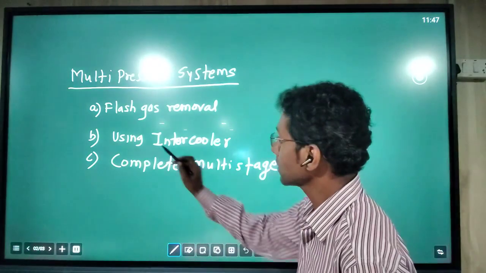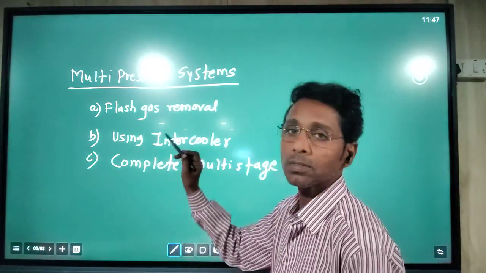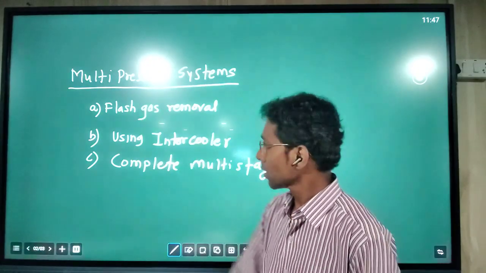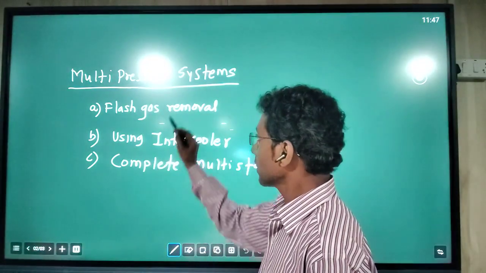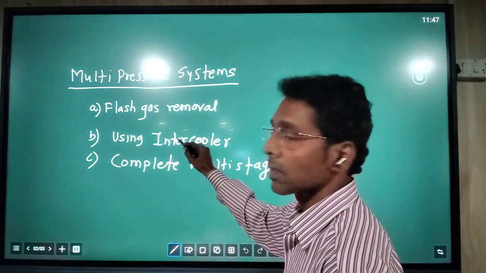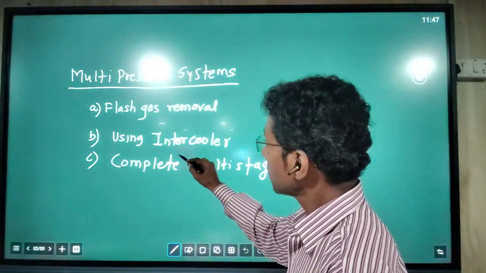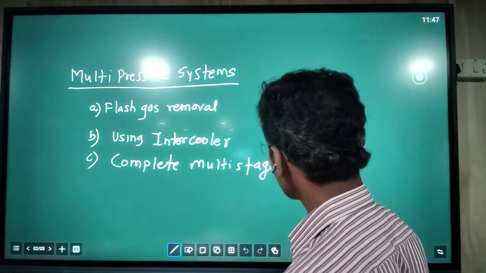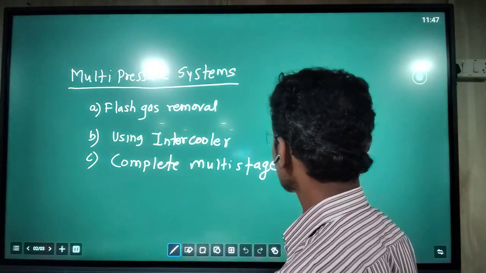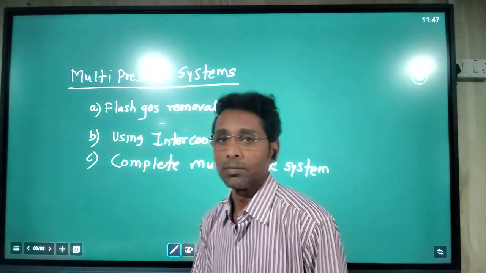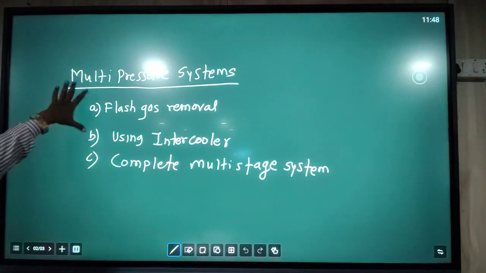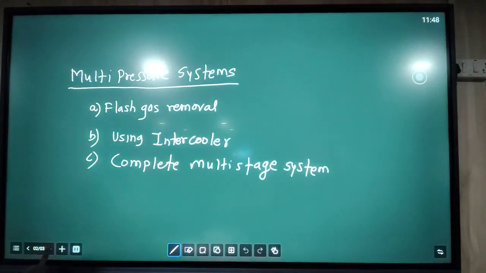So that concept is called intercooling between the two compressors. And the third one is where these two ways are used combined together. That is called complete multi-stage or complete multi-pressure refrigeration system. So these are the types of multi-pressure system.